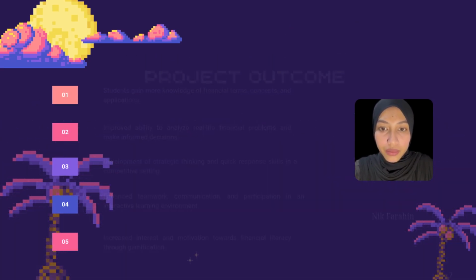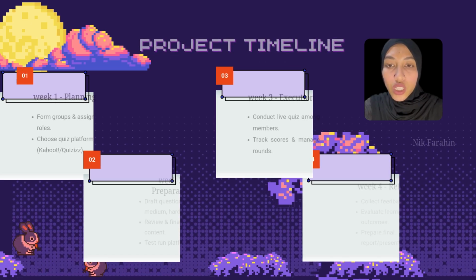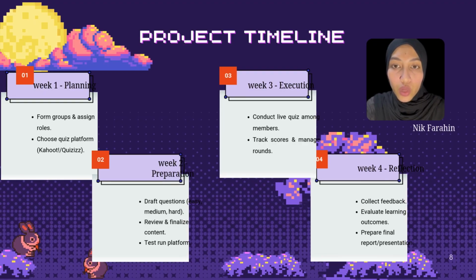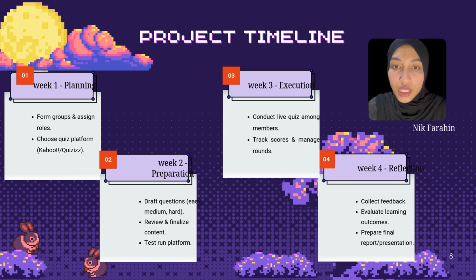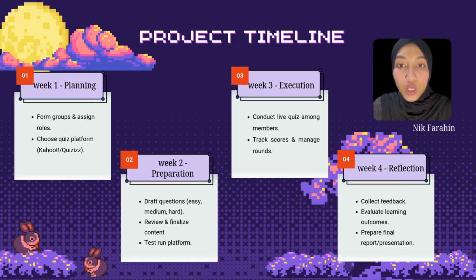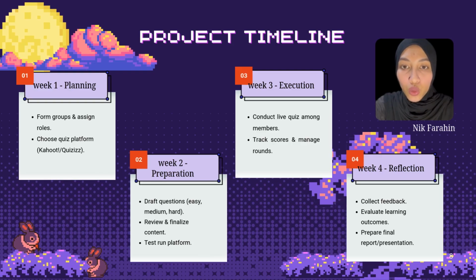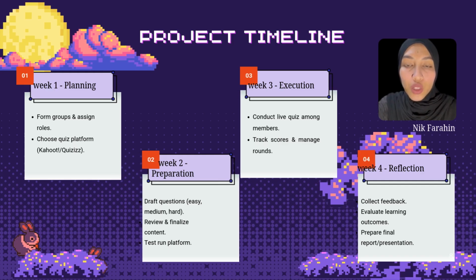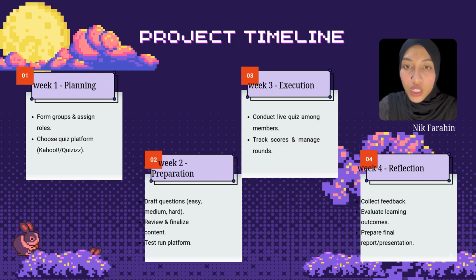In terms of our project timeline, we divided the work into 4 main stages. In week 1, we focused on the planning stage, which included forming groups, assigning tasks, and choosing the quiz platform. In week 2, we moved on to the preparation stage, where each member prepared quiz questions.